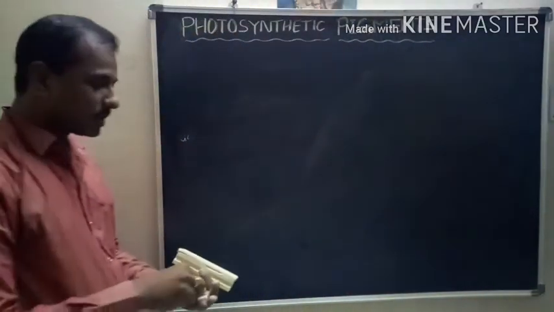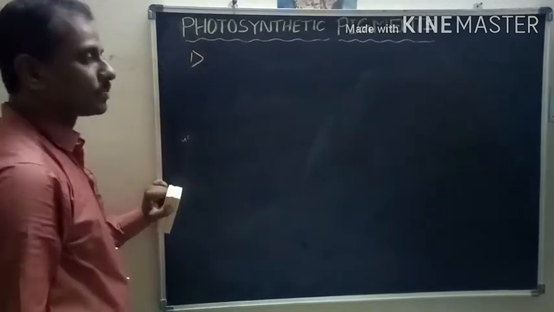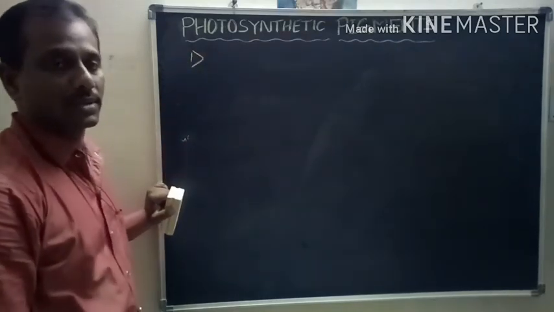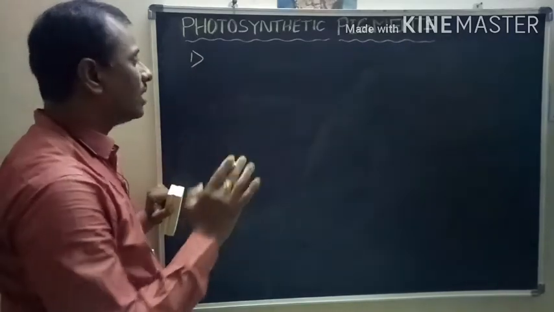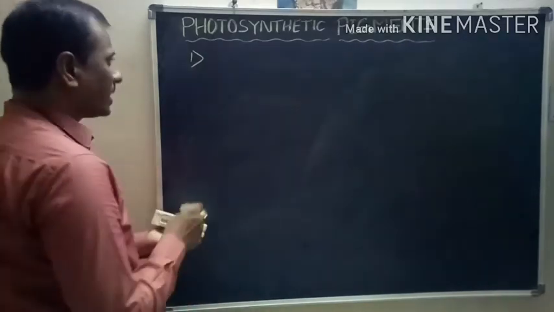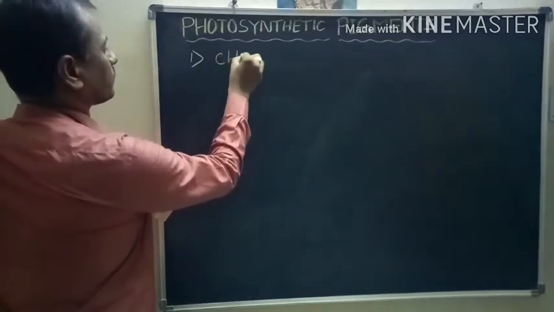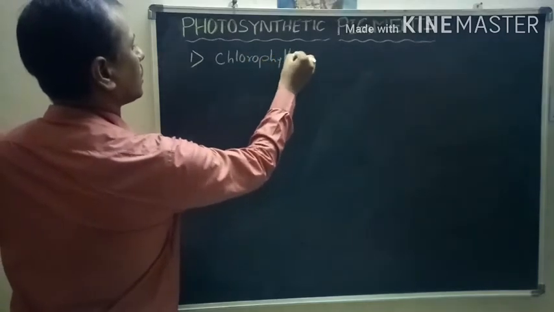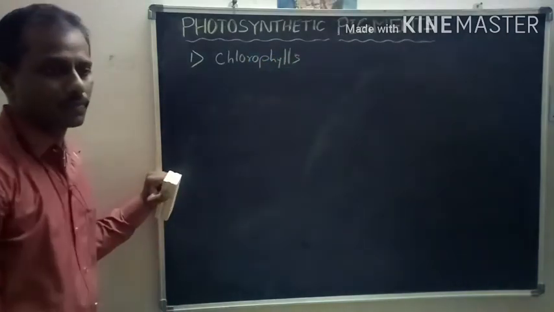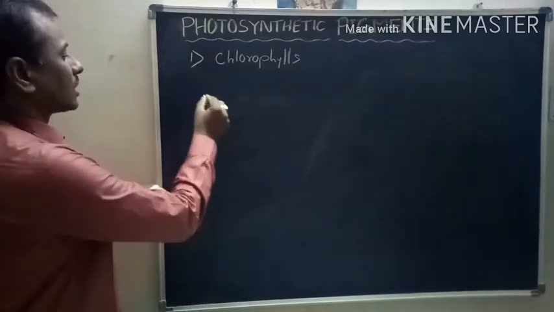Generally, in plants, we observe three types of pigments. How many? Three types of pigments are present in plants. One is the major pigments, chlorophylls.